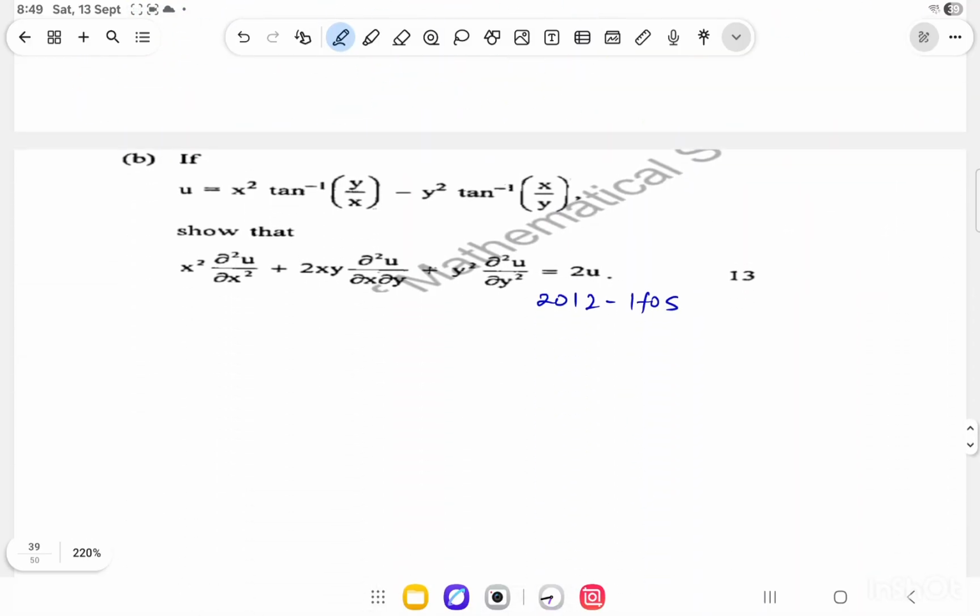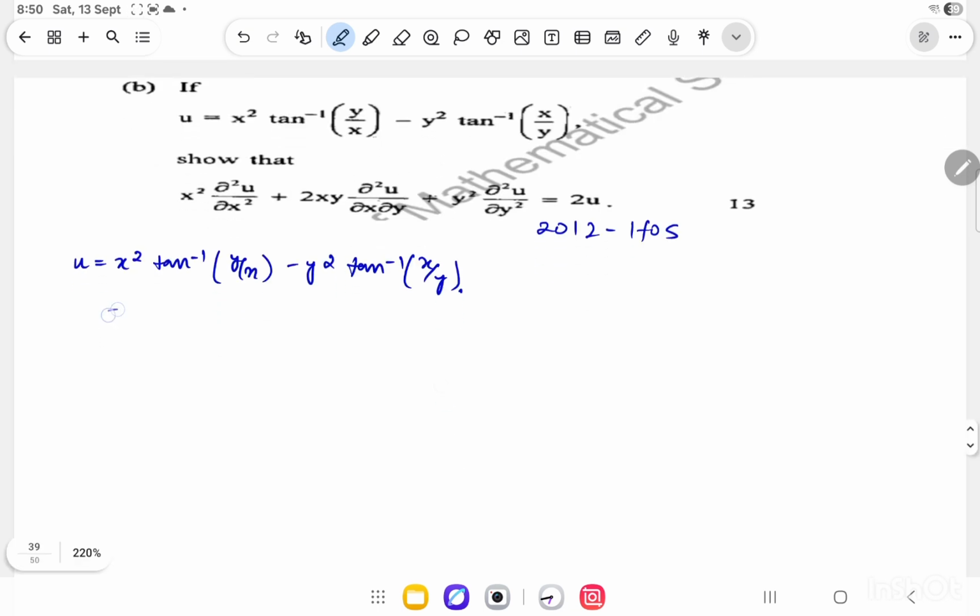So in the next question they have given us value of u. Yeah, so they have given us u as x square tan inverse y by x minus y square tan inverse x by y. So if I take x square as common, so I will get tan inverse y by x minus y square by x square into tan inverse x by y.